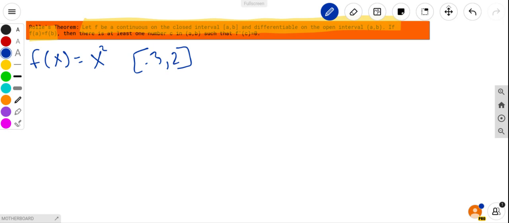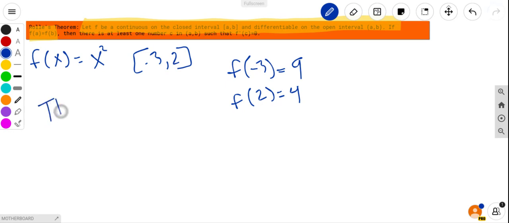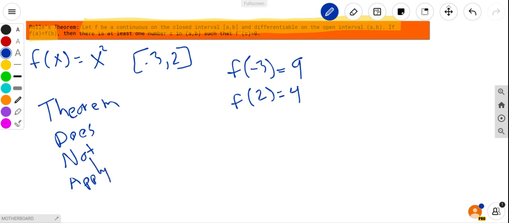So f of a would be 9, and f of b would be 4. And I did not get the same number, so the theorem does not apply. All right, if I don't know that the two values of the endpoints are the same, then I cannot use this theorem. And since they weren't, I'm done. I can't use it. Not happening.